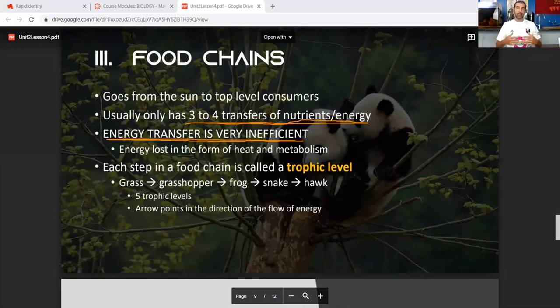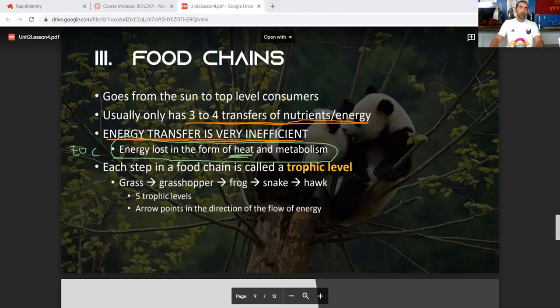What that means is that every time energy is transferred from one organism to another, only 10% of that energy is transferred. 90% of that energy is actually lost in the form of heat or metabolism. Make sure you remember this because this is on the EOC. Every time energy is transferred, 90% is lost in the form of heat, and only 10% is transferred.